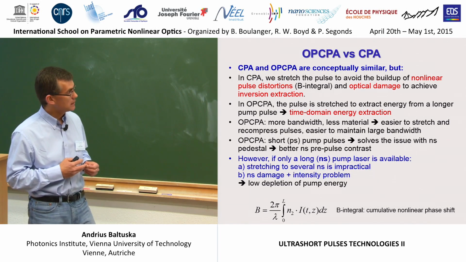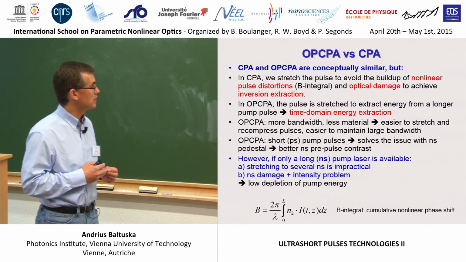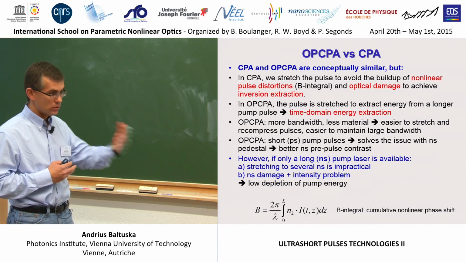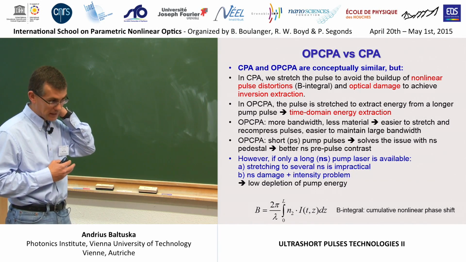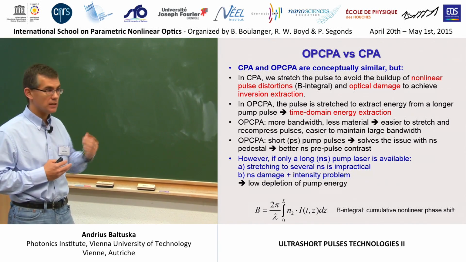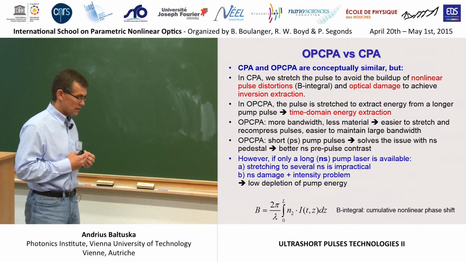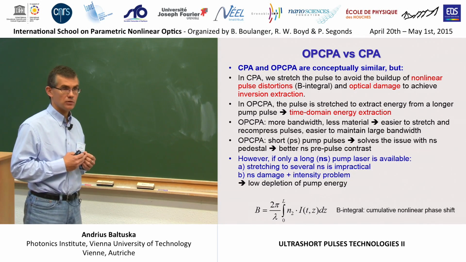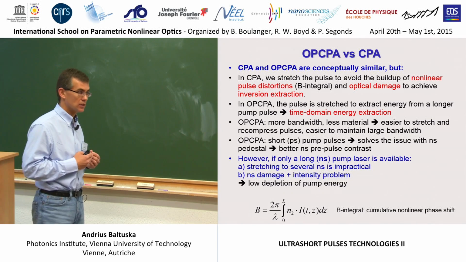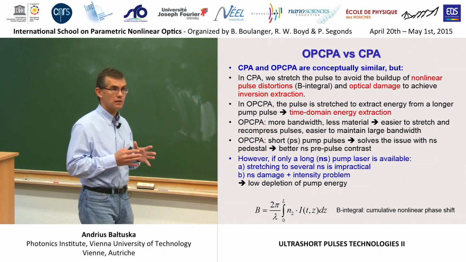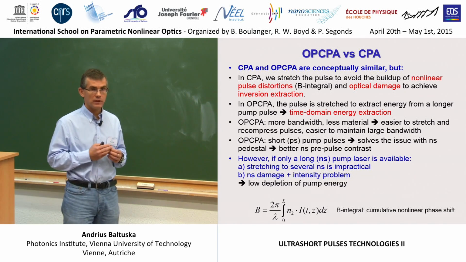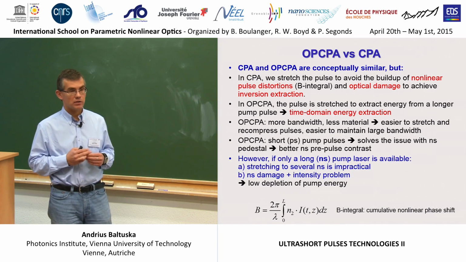Also, I didn't speak about that too much, but going through the amplifier material at high intensity, you're picking up nonlinear phase. And in some cases, this nonlinear phase could be compensated for. It's the so-called whole beam self-focusing. So that could be filtered out and removed by spatial filtering.